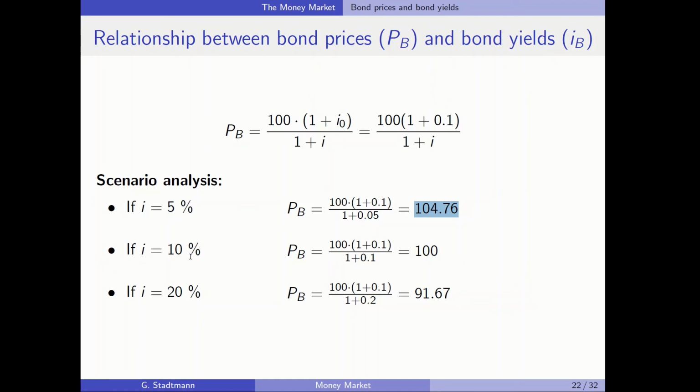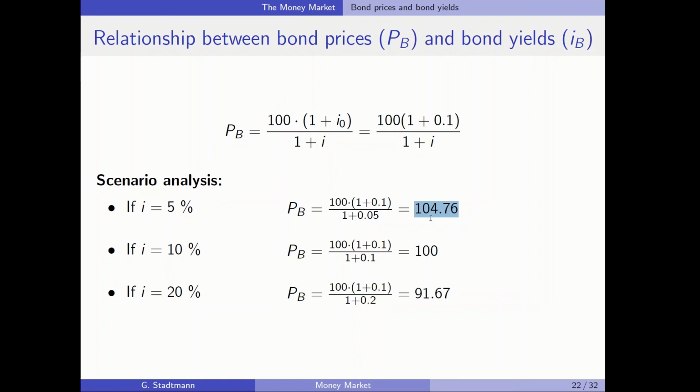So these calculations were to some extent very technical. It's not the case that we are asking for this kind of stuff in the final exam, but what is very important is that you gain the intuition. That you gain the intuition: in case that the interest rate increases, the bond price decreases. And in case that the interest rate decreases, the bond price increases.